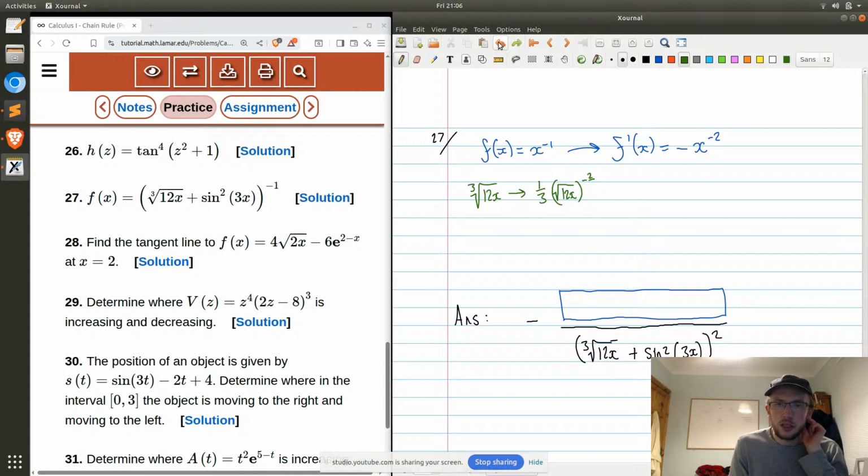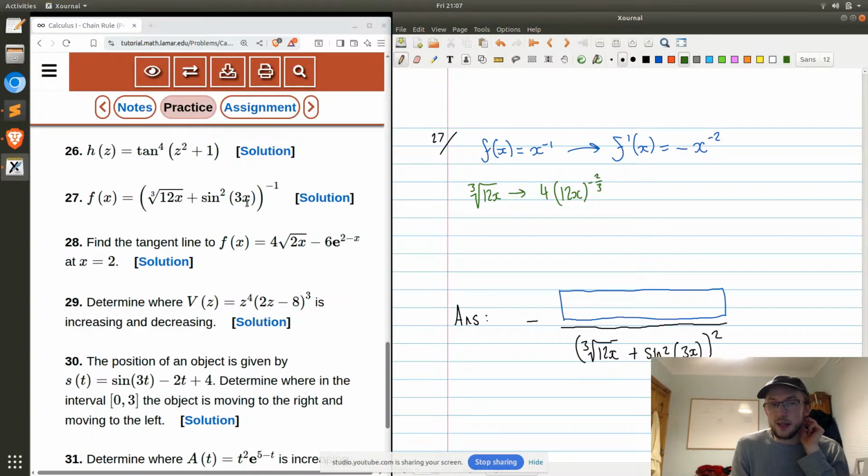That's completely wrong. A third of that to the minus 2/3. That's better. And then you have to differentiate that. So that would be 12, and so 12 over 3 turns into 4.